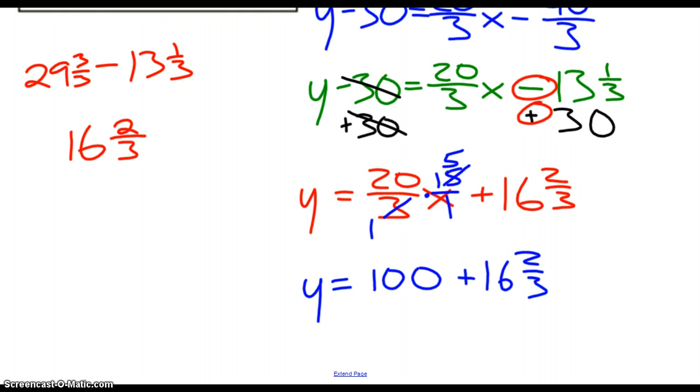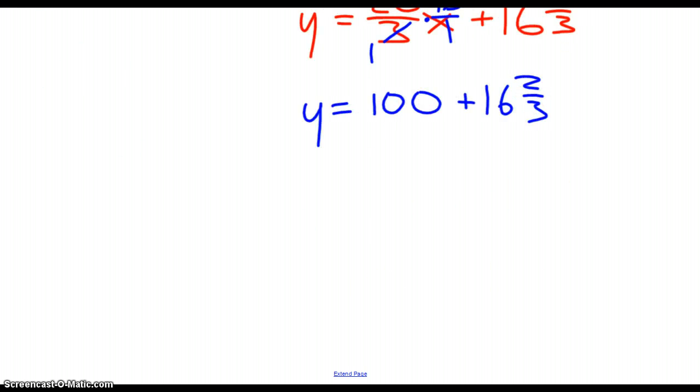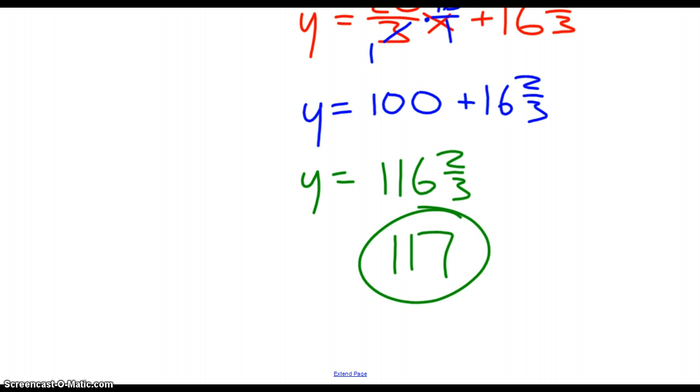Obviously we're not going to have 2/3 of a person, so we'll do some rounding here, but we get y equals 116 2/3. We can round that up to 117 and say we expect about 117 participants in 2015 based off of the data that we were given here.